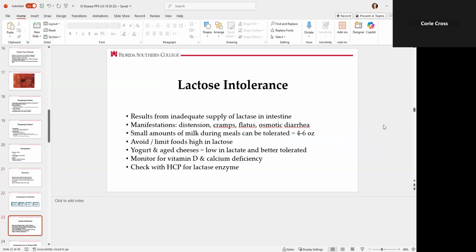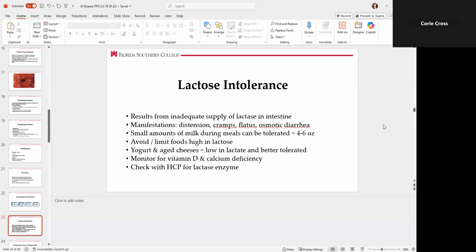Lactose intolerance occurs when the levels of lactase, which is the enzyme that splits lactose into its component simple sugars, glucose and galactose, are deficient or absent. Not having enough lactase, lactose digestion is impaired.